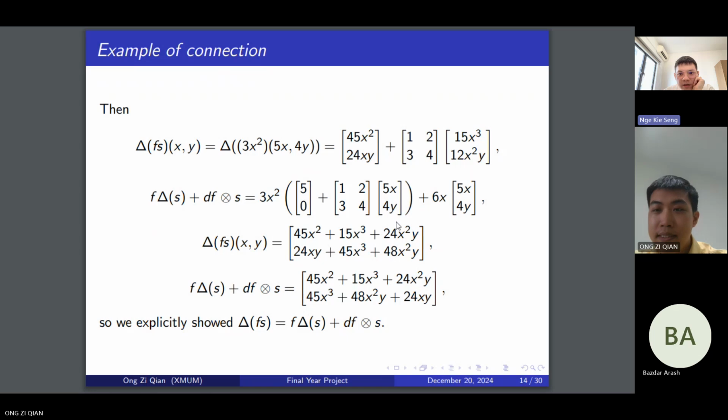Can you comment on why it works for all F? Do you need to show it for all F that are infinitely differentiable? Sorry, the network is not good. Hello, can you hear? Because they are all polynomial, they are just infinitely differentiable.